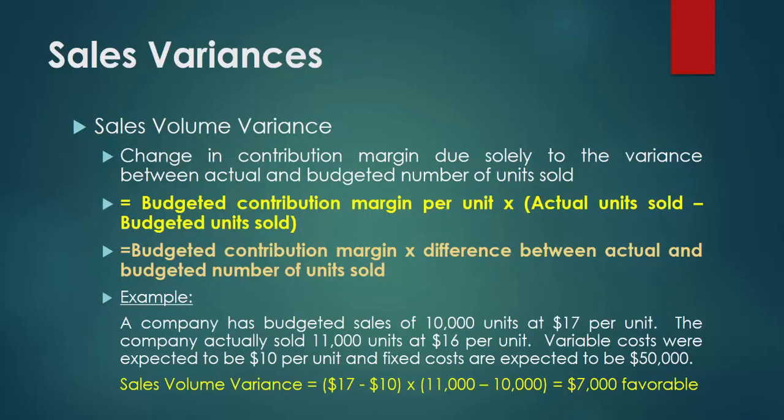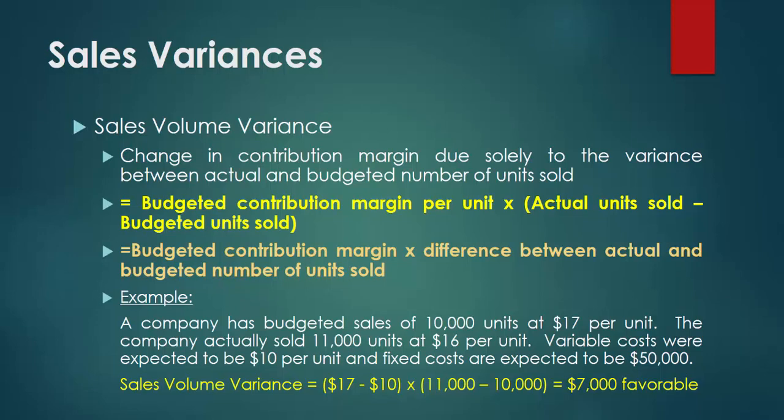Now let's take a look at the sales volume variance. The sales volume variance is a change in the contribution margin due solely to the variance between the actual and budgeted number of units sold. So this one has nothing to do with the price and everything to do with the number of units that went out the door.